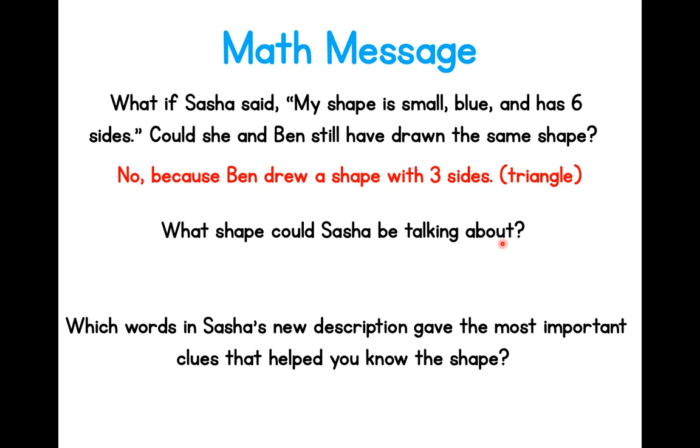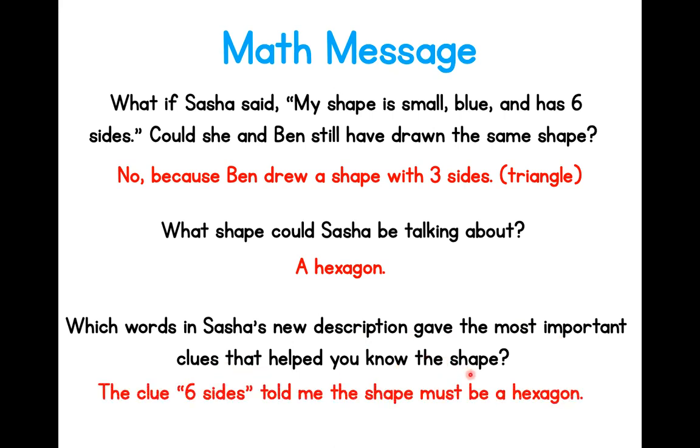I think I know. I think she drew a hexagon. Which words in Sasha's new description gave the most important clues that helped you know the shape? Well, for me, I knew the clue 6 sides told me that the shape must be a hexagon. Remember, boys and girls, we talked about shapes and we talked about how hexa means 6. So a hexagon is a 6-sided shape.